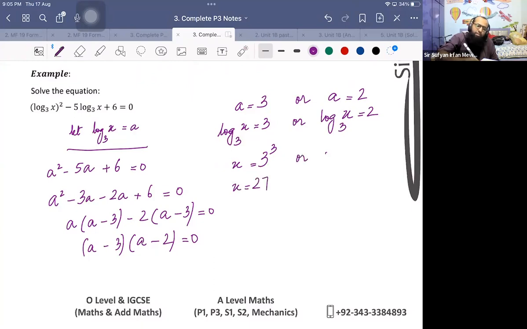Another possibility, x equals 3 to the power of 2. 3 is the base, 2 is the power, and the answer will be x. So x equals 3 square, which is 9. So we have got two answers, x equals 27 or x equals 9.